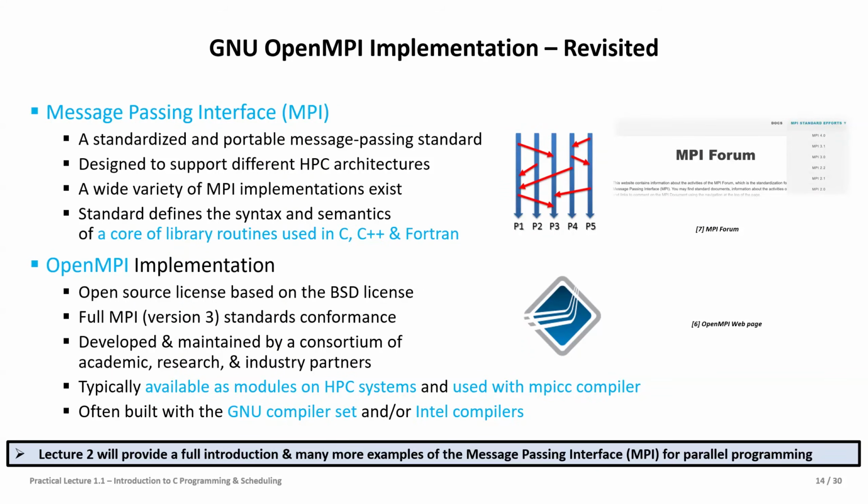A short glimpse: it's a standard for message passing, as the slide suggests, and there's an implementation of it, right? So this is the OpenMPI implementation that we have seen and loaded in version 4. We use this with the mpicc compiler, and you can also use other environments, compilers and tools when they are prepared.